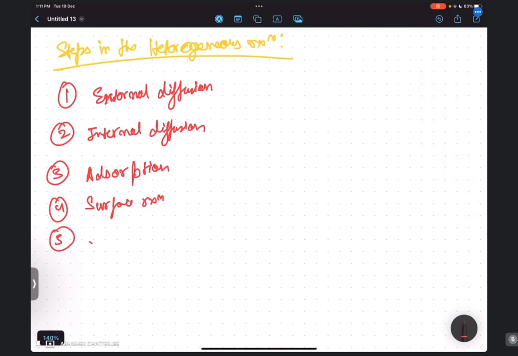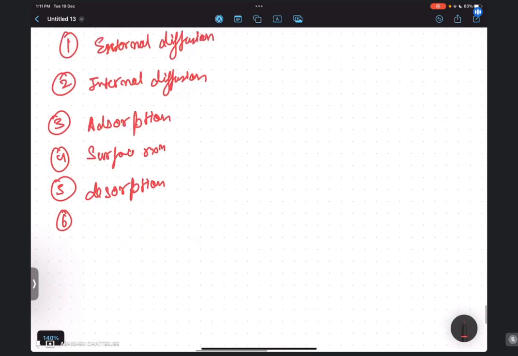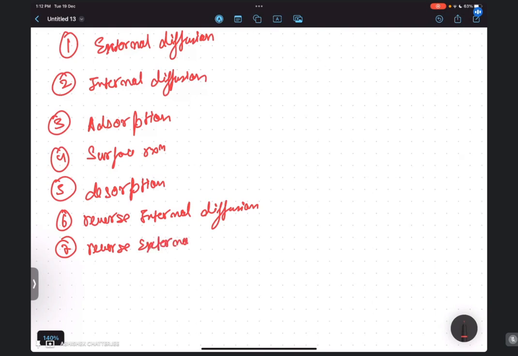The fifth step is your desorption. The sixth step is your reverse internal diffusion. The seventh step is your reverse external diffusion.